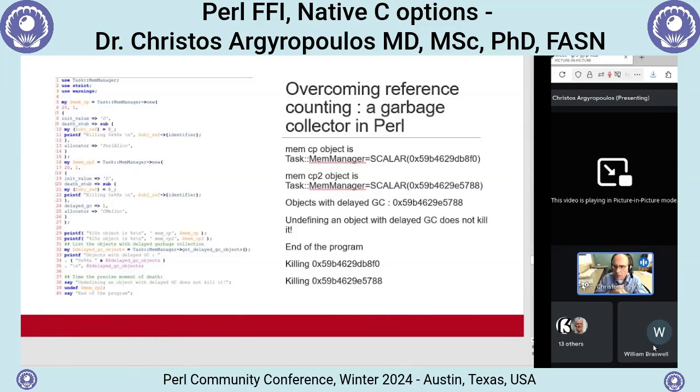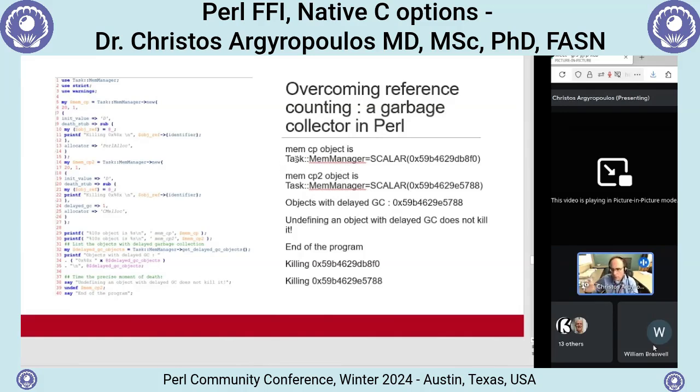If you really wanted to delay deallocation, so that you can reuse maybe the Perl variable name but still have a record of the memory around, it's very easy to do. You can ask the object to be created with delayed garbage collection, which is just a flag that you pass to the constructor, as you can see in line 24.